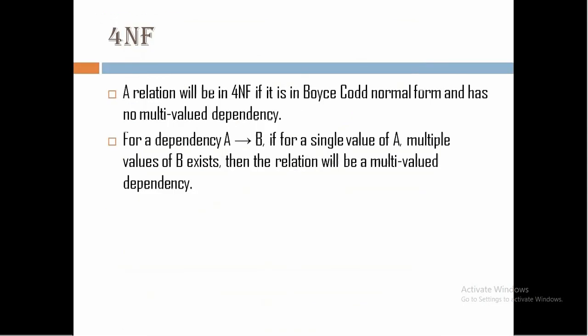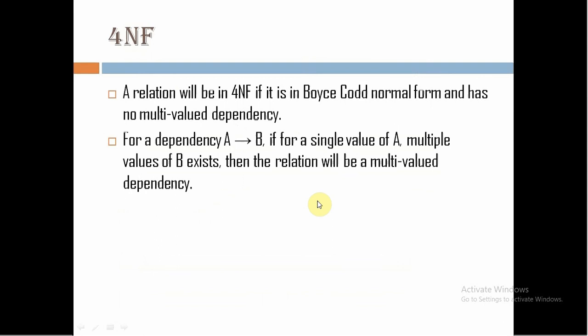Next is 4NF, fourth normal form. A relation will be in fourth normal form if it is in third normal form and has no multi-valued dependency.